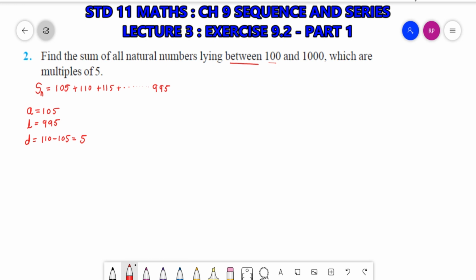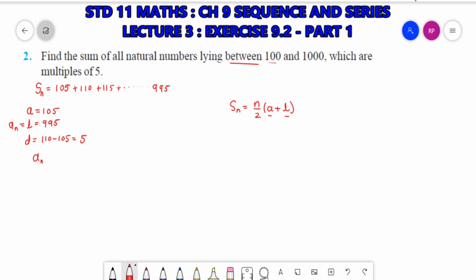So again we'll use the same shortcut formula, Sn equal to n by 2 times a plus L. Now again we have the first term and the last term, but we do not have n. So here I can write down, let's take the last term as an, then find out the value of n.